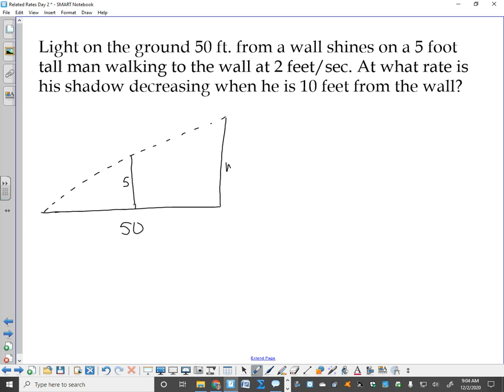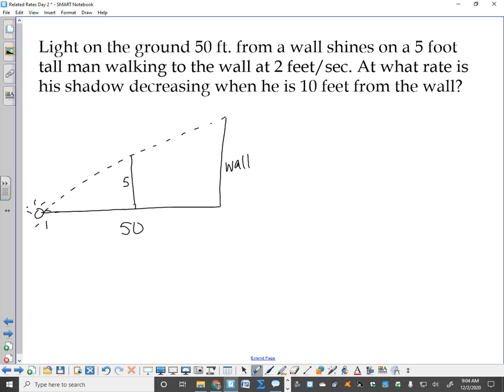Okay, so this is the wall. And light on the ground. Here's the light. The light's on the ground 50 feet from the wall. Okay, sorry. I thought the light was on the wall. No, light's on the ground.